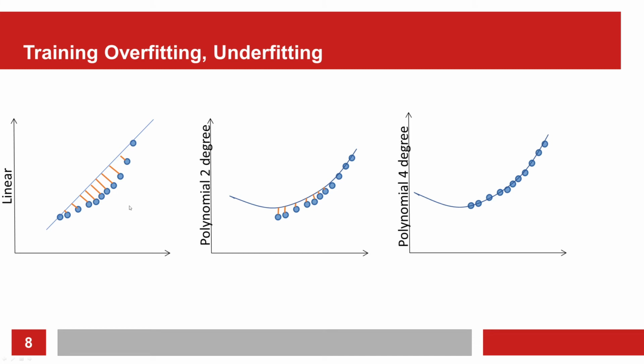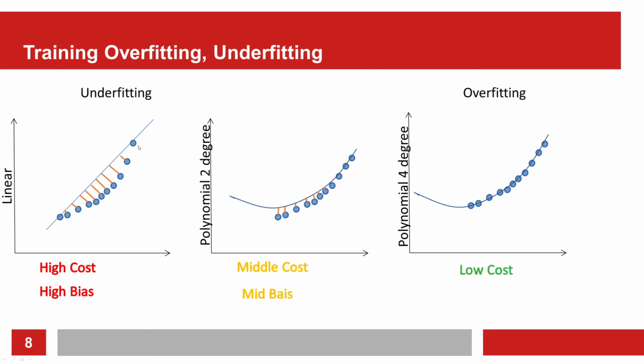Again, for the linear one, we compute the distance from all of these points to the line and sum it up, or take the average, and in this case we will have high cost or high error, right? This is called underfitting.